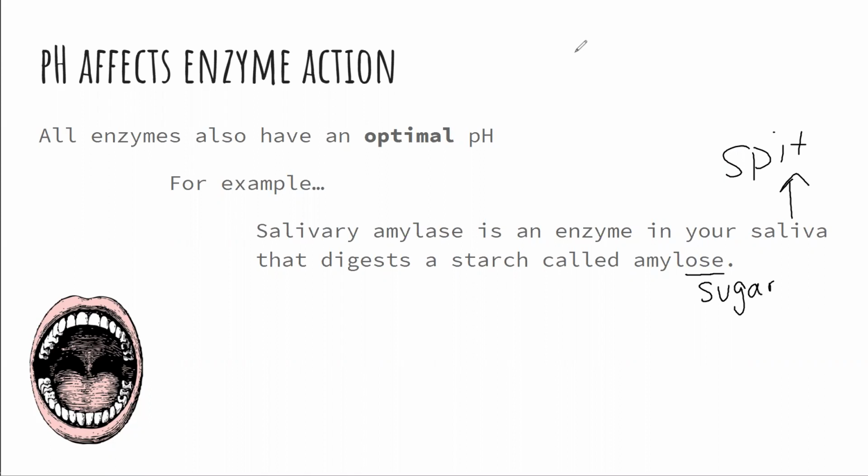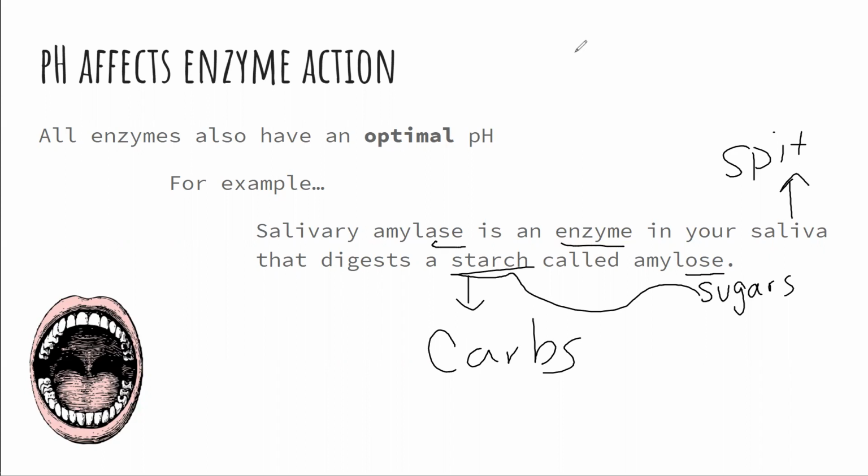And we know sugars are what kind of macromolecule? Carbs. So we have enzymes that break down carbs. And amylase is a specific enzyme that digests carbs called amylose. So pretty cool.